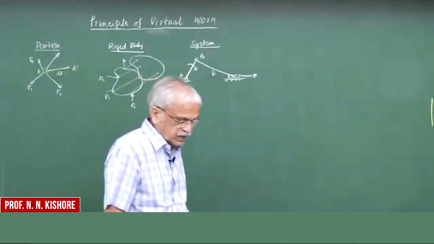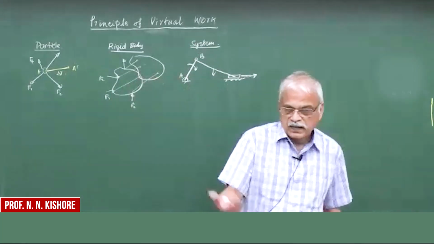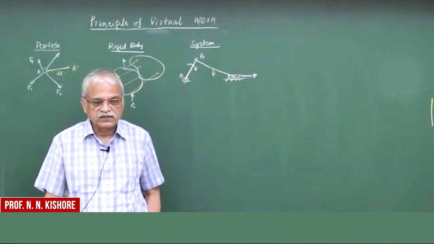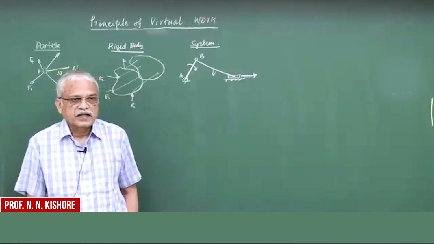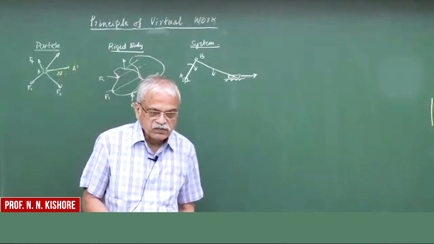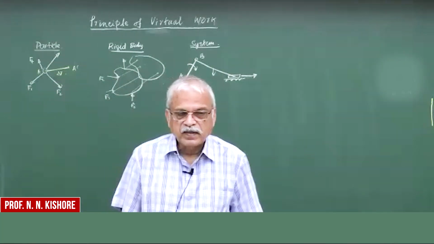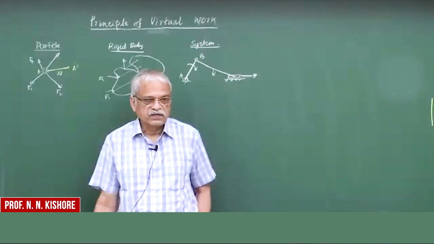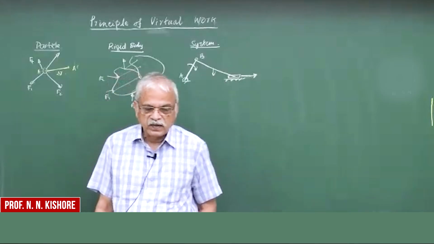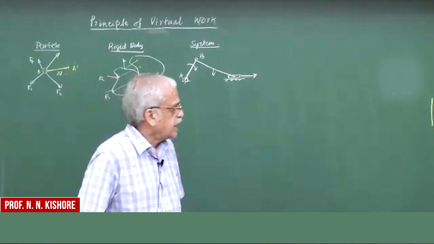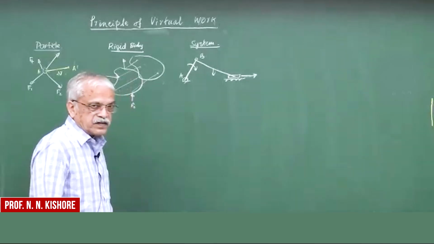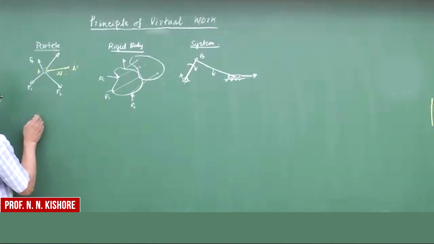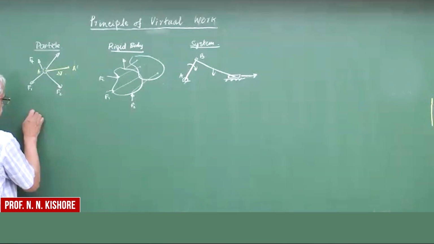Last week we have seen how the work can be calculated, force multiplied by the displacement, that's the usual definition, by dot product. Similarly, we also have seen that if there is a moment, the moment multiplied by the angle of rotation, a small angle of rotation, will constitute the work of a moment.